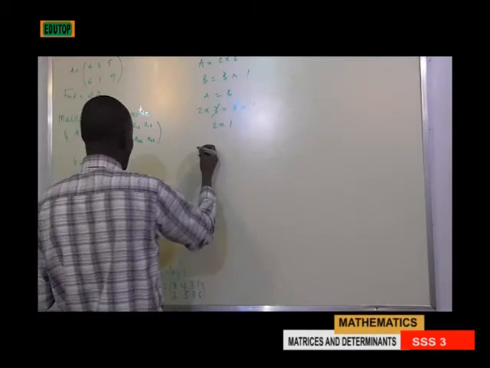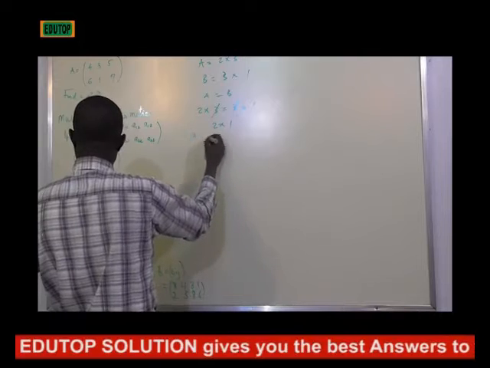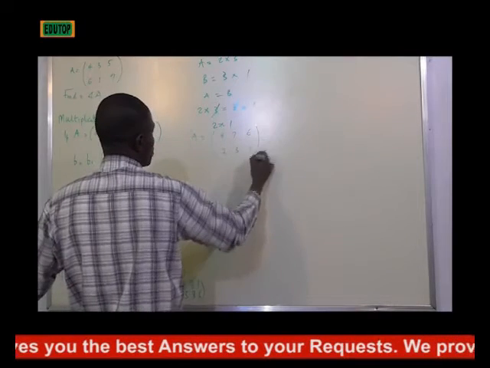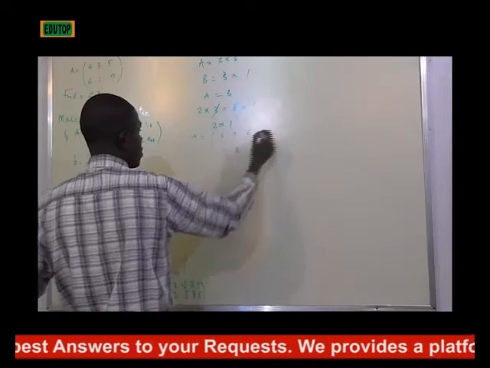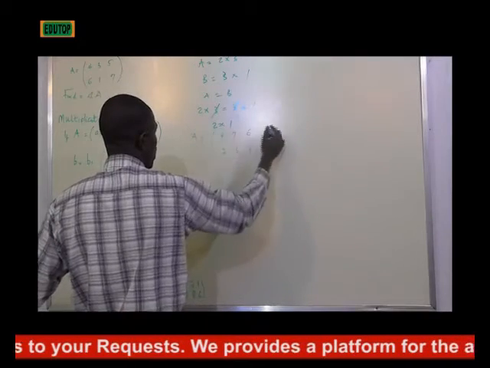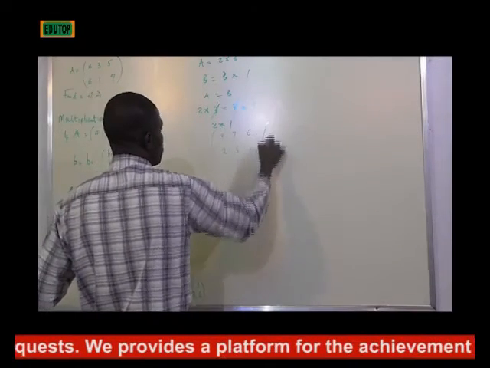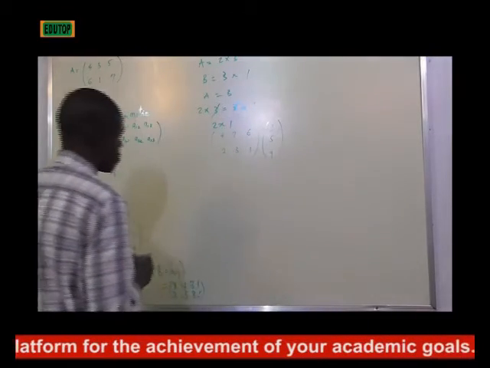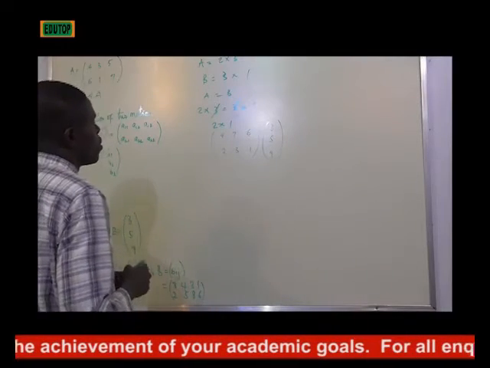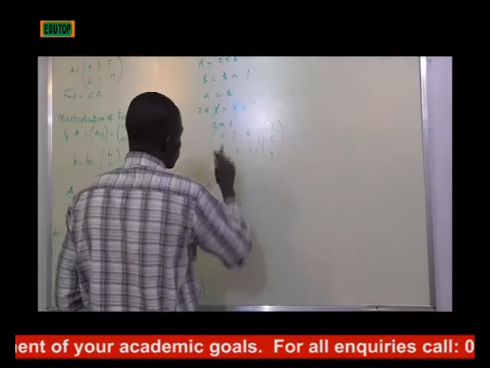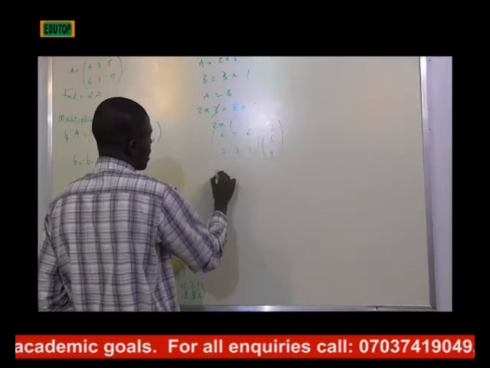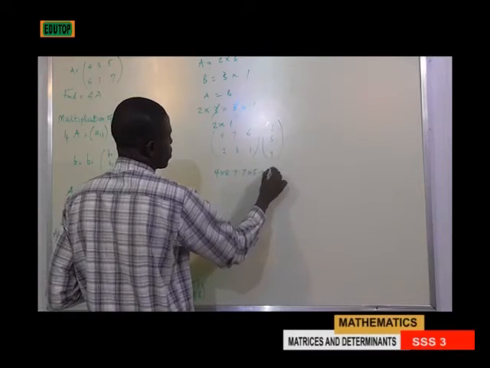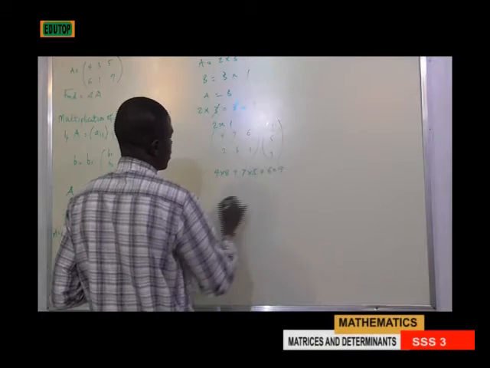So A, which is now 4, 7, 6, 2, 3, 1, we want to multiply it by B, which is 8, 5, 9. So that is what we intend to do. What we do here is this multiplied by this: 4 times 8 plus 7 times 5 plus 6 times 9.